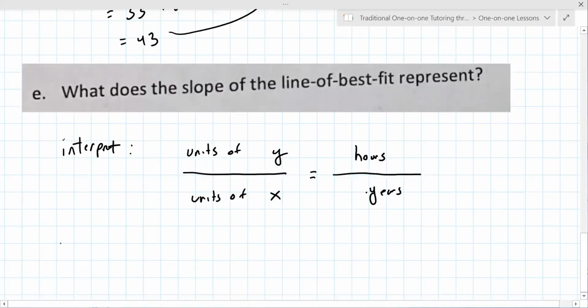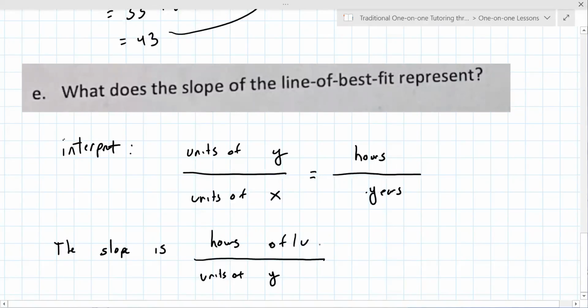The slope is, and it's fill in the blank, these are the units of Y, which is hours of TV watched per, and this is the units of X. So what are the units of X?